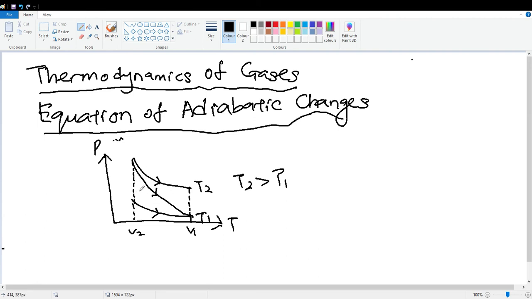My work done is here. This will be my work done of adiabatic changes, and I wrote it wrongly: this one shall be V1 and this one shall be V2. This is my work done for adiabatic expansion. Alright, so let's go through the work done for adiabatic expansion. Let me erase this graph.